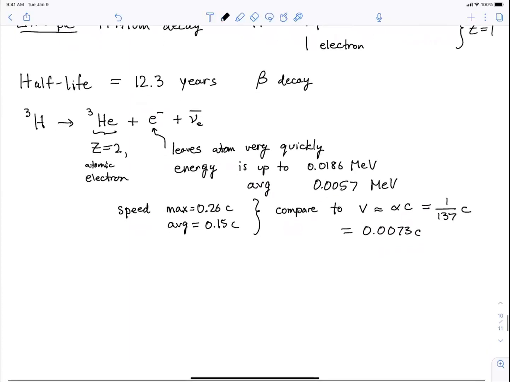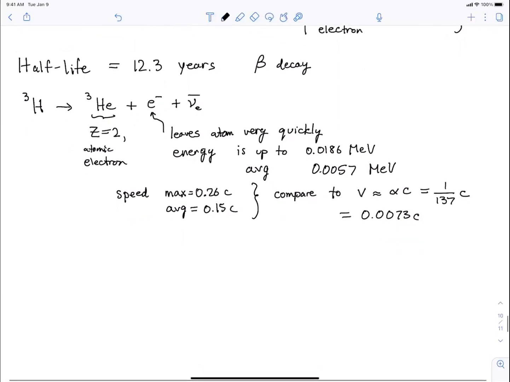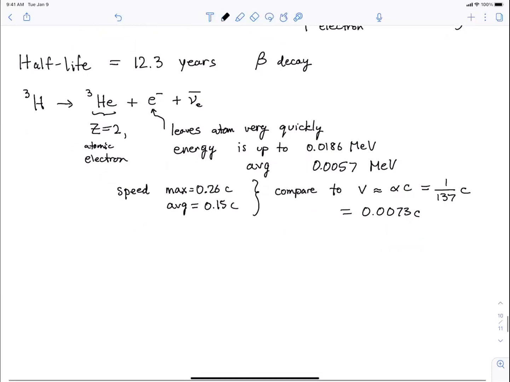Okay, and so the moral of the story is this electron that's produced, the beta decay electron, is produced with a speed that's much, much larger than the speeds of the electron that was already there. And so for all purposes, it leaves the scene very quickly, before anything else in the problem has a chance to react to it. And so we can just sort of ignore it.